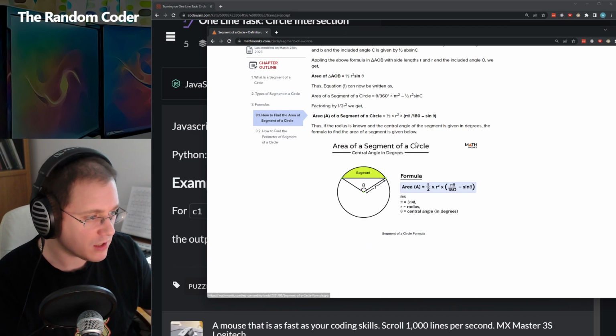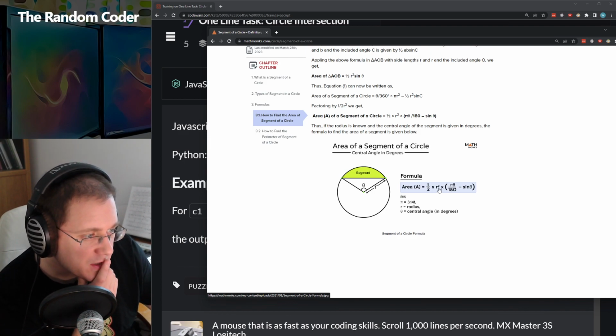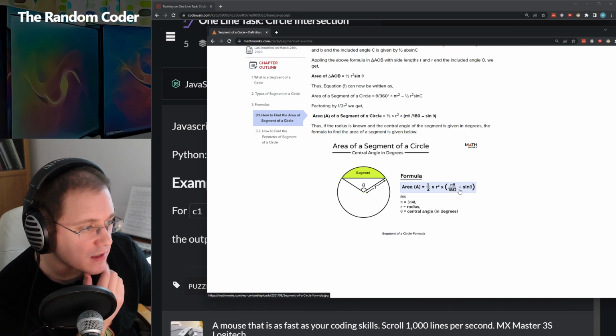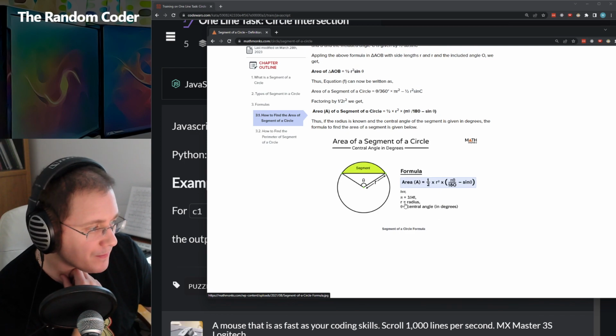Let's just get to the punchline. So it's half of the radius squared times, okay, this is in degrees, pi times theta over 180 minus sine of theta in degrees.